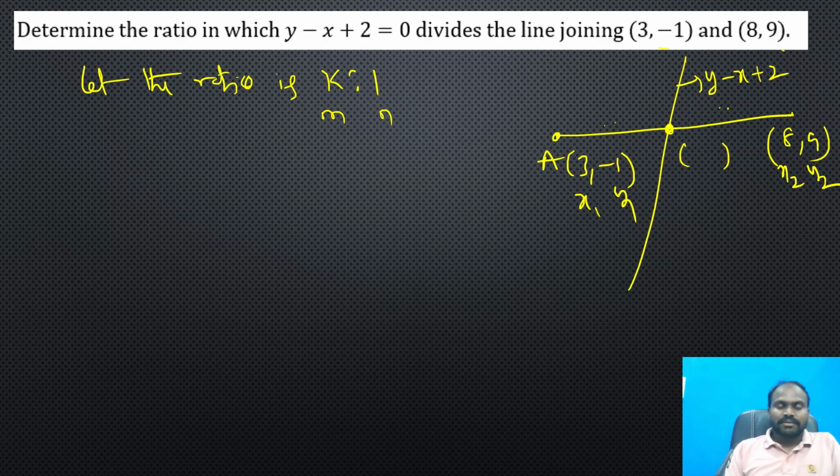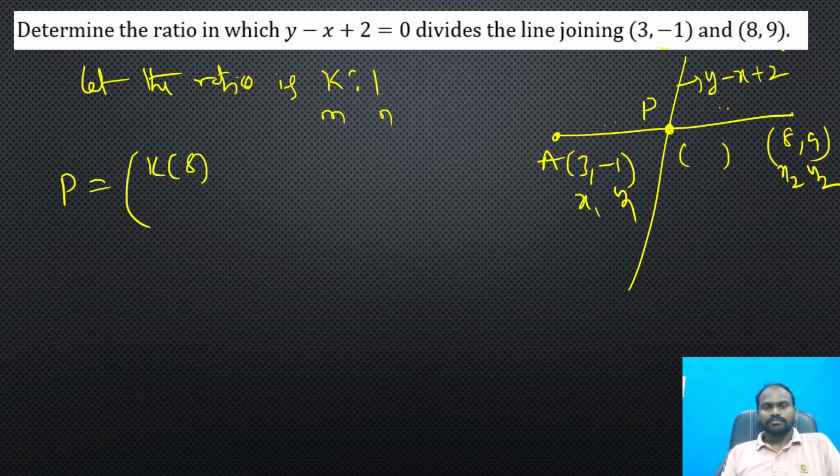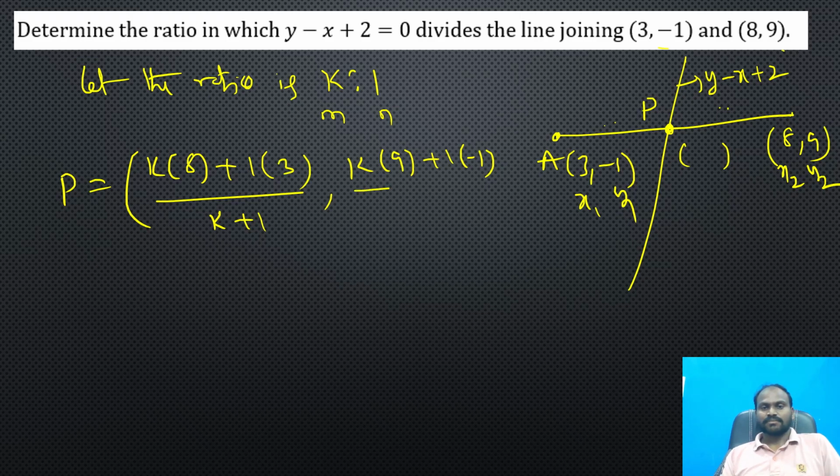Simply, what we can do here is find this point P. So P is equals to m x2 plus n x1 by m plus n, comma m y2 plus n y1 by m plus n. And x1 here, I made a mistake, x1 is 3.